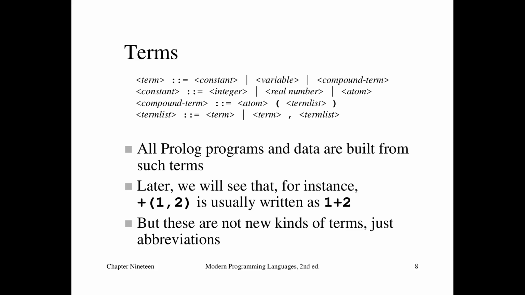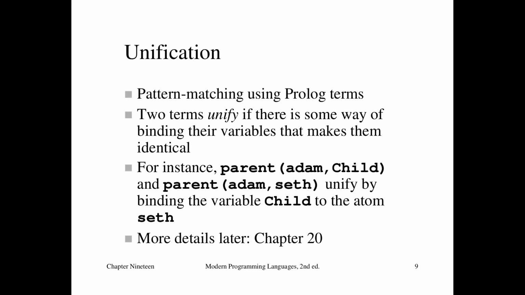Getting all that out of the way, we can actually move into what's more important in Prolog. One of the basic constructs of how Prolog works is this concept of unification. We're not going to get too in-depth on that in this lecture, but we will later on, in Prolog lecture 2. Basically, unification provides a means to do pattern matching using Prolog terms. We say that two terms can unify if there is some way of binding their variables which then makes them identical.